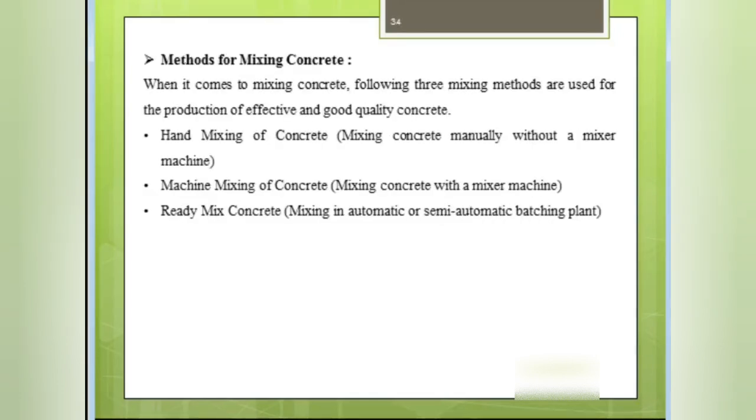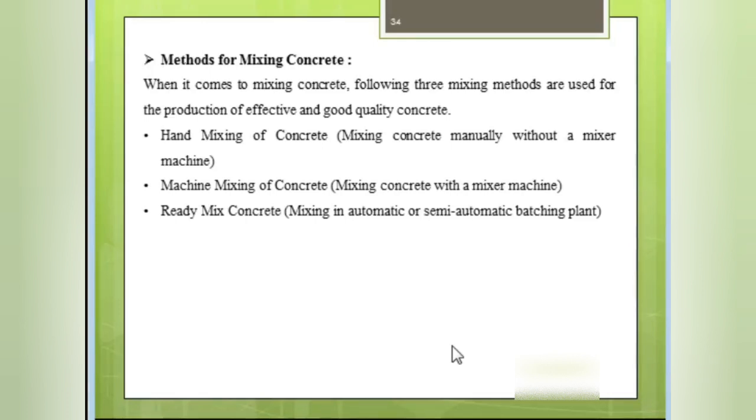And there are some methods of mixing of concrete: manually and by machineries. Okay, hand mixing of concrete is mixing of concrete manually without a mixer machine. And in machine mixing, the concrete is mixed with machine mixers.